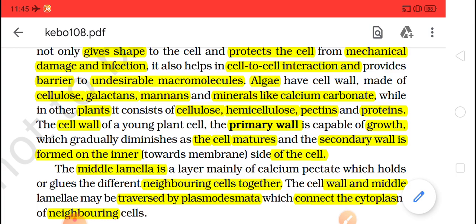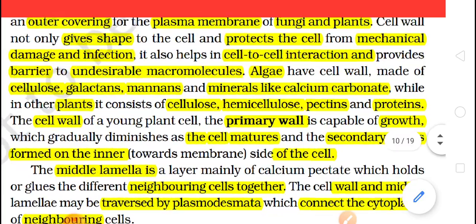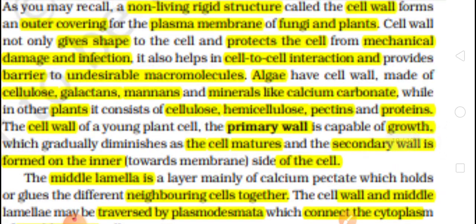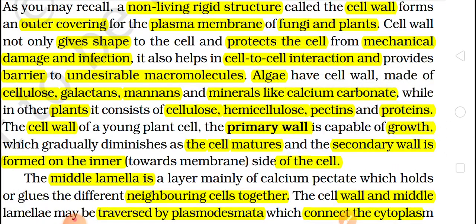The primary wall helps in growth, but as the cell grows, it decreases, and after that the secondary wall is formed on the inner side, towards the membrane.